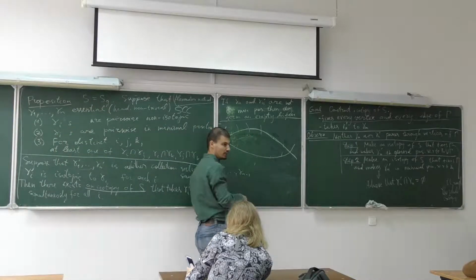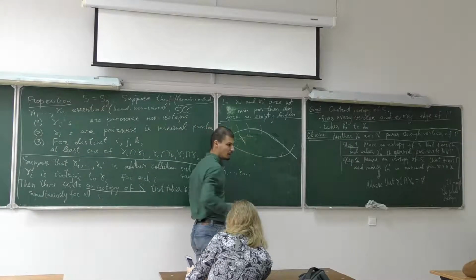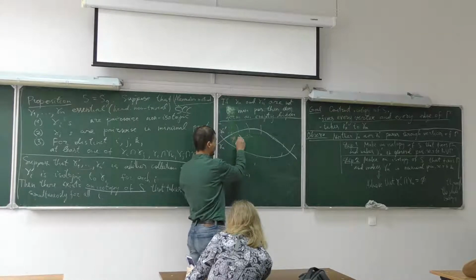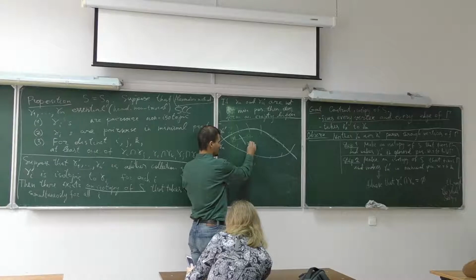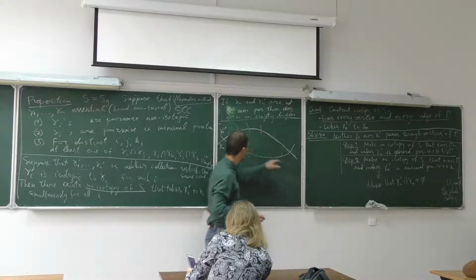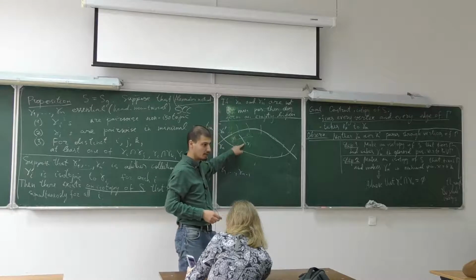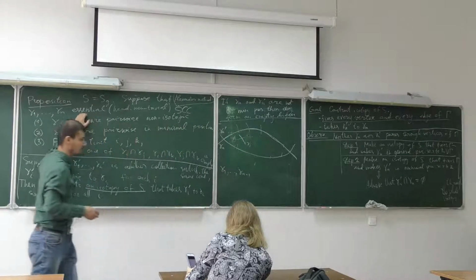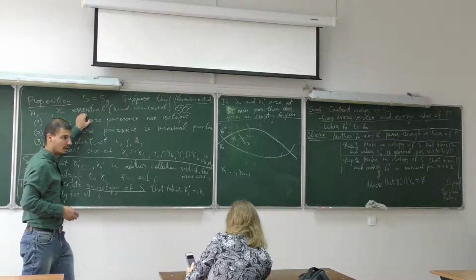So if there is a vertex here, then this is some gamma i and this is some gamma j. Look at the curve gamma j. Gamma j is an essential curve. It is homotopically non-trivial.